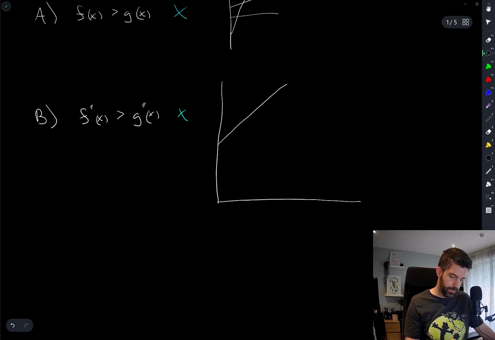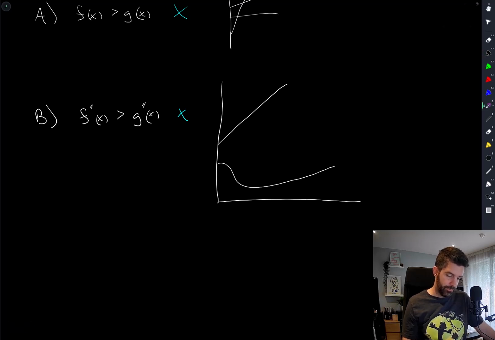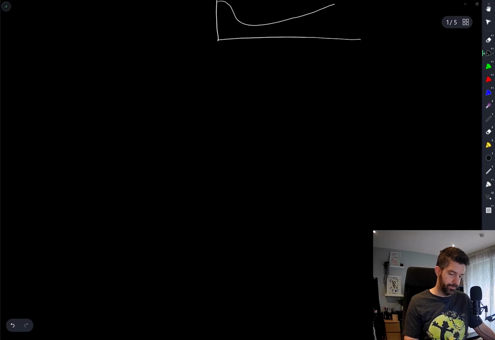Well, let's do it like this. Let's go like that. So g is never increasing as fast as f, but clearly there's positive second derivative there, whereas g has 0 second derivative, so that's not true.